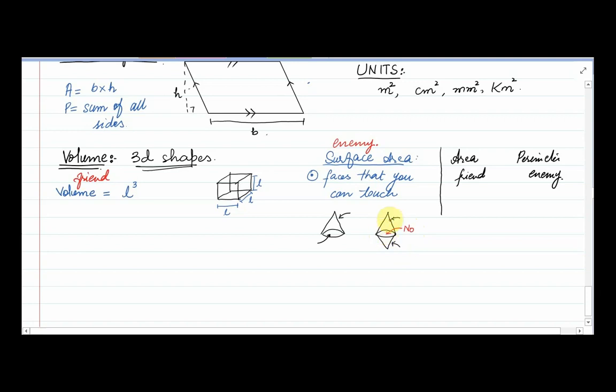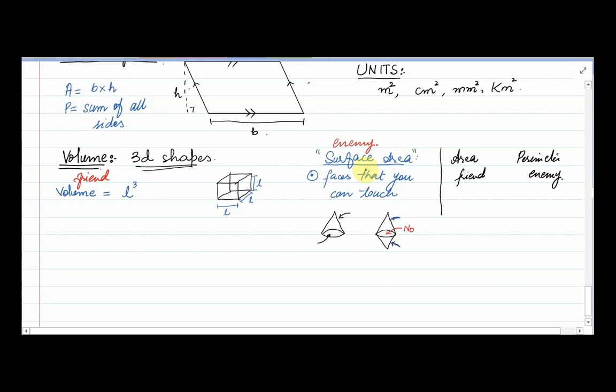So that means if you need to find out the surface area of this shape, it will be only this one and this one. See the difference? So keep in mind, to find the surface area you need to visualize the faces that you can touch easily. And trust me, this is the most important technique that makes your chapter very easy.